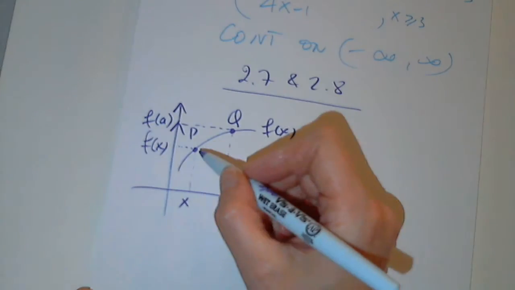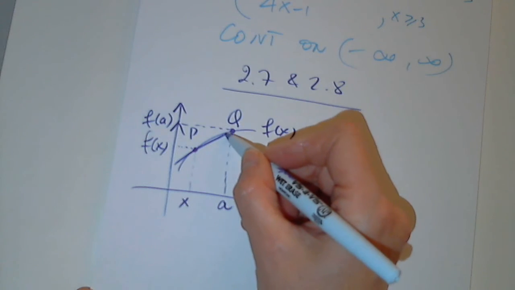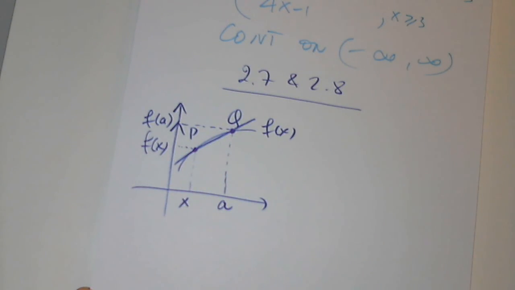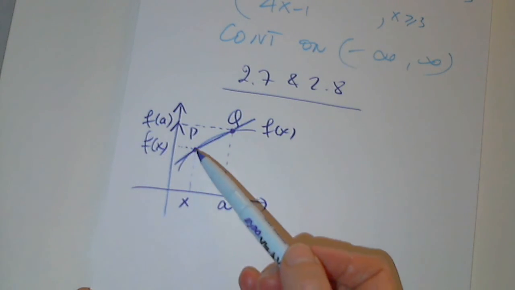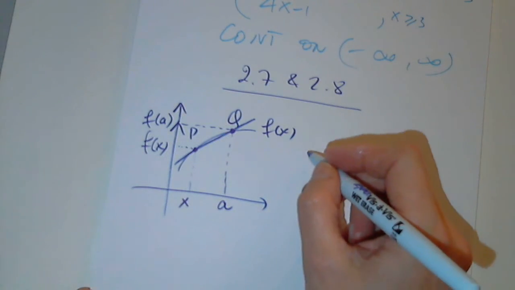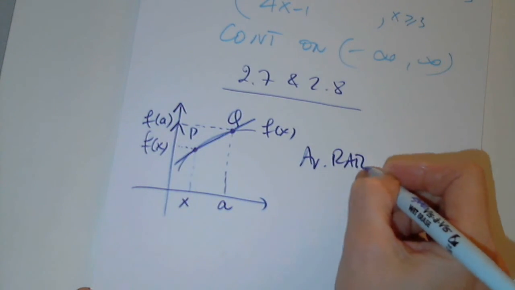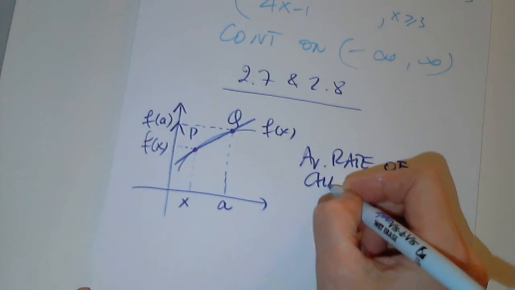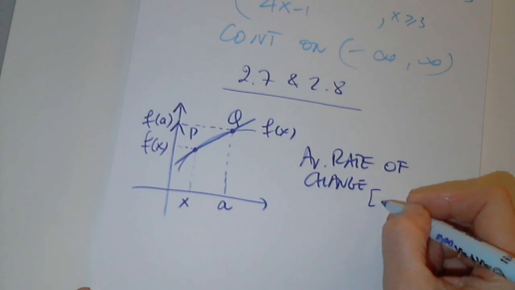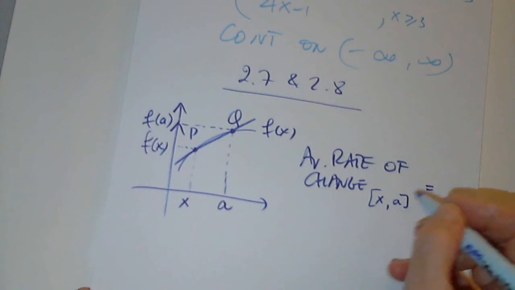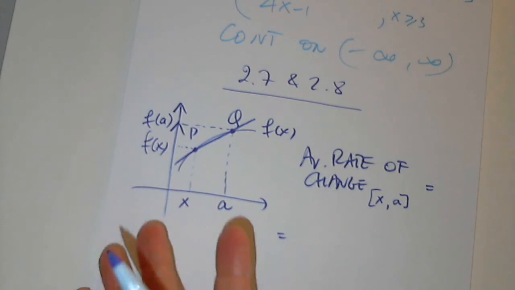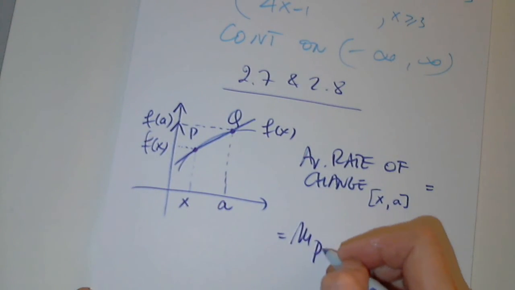And of course, again, we want to determine the slope of this line, which is the average rate of change of function f of x between P and Q. So we want to determine the average rate of change between x and a, which is the slope of the line PQ.